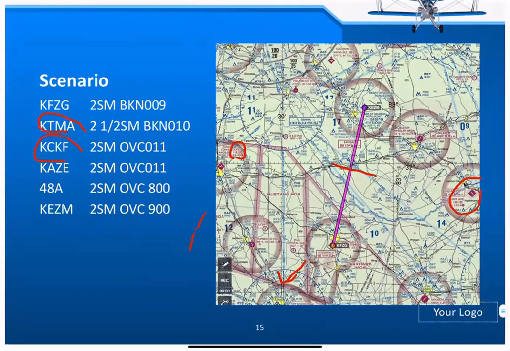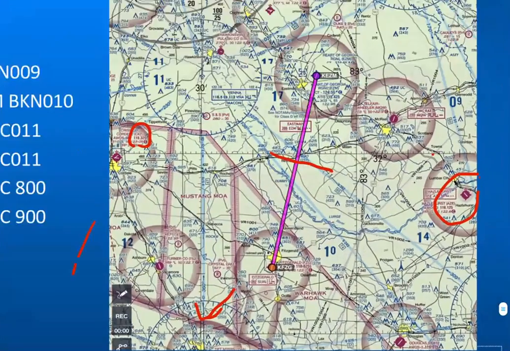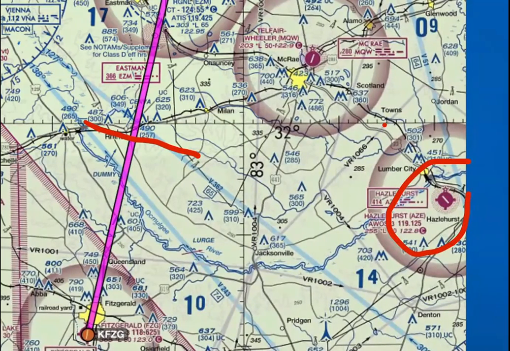At what altitude? 1100 AGL. So what are the cloud bases MSL? Could you zoom in? 1355. Okay, so the clouds are at 1355 MSL.